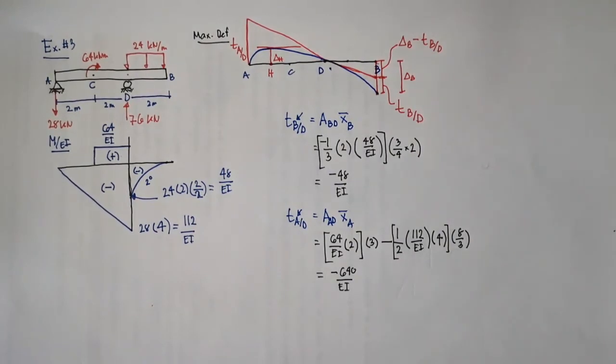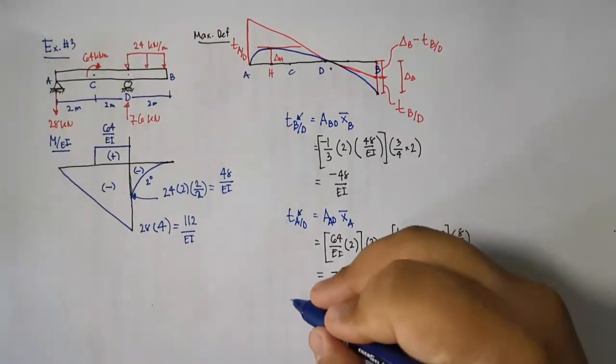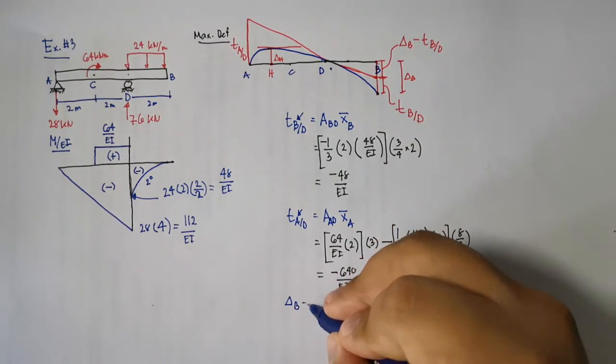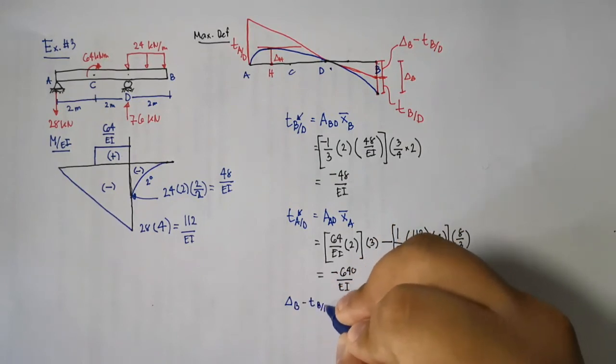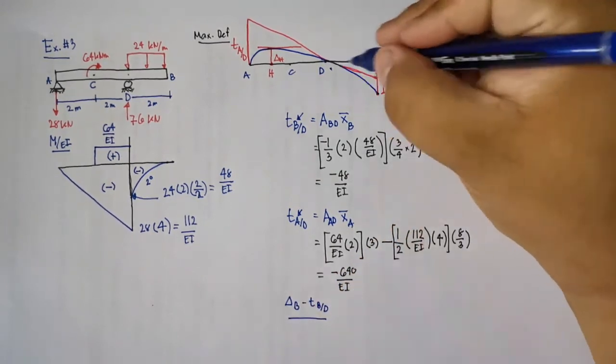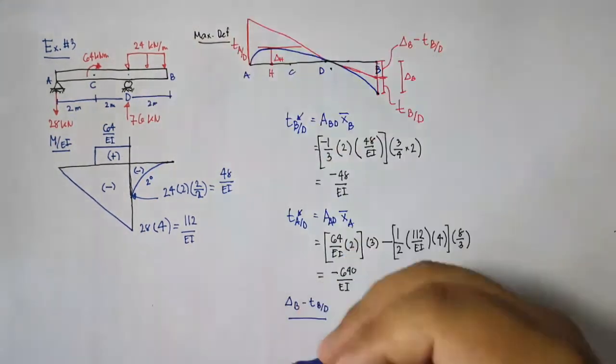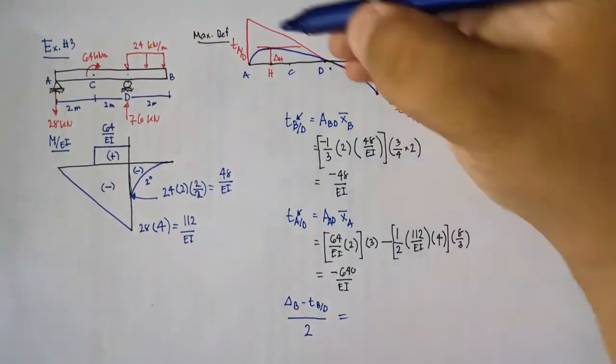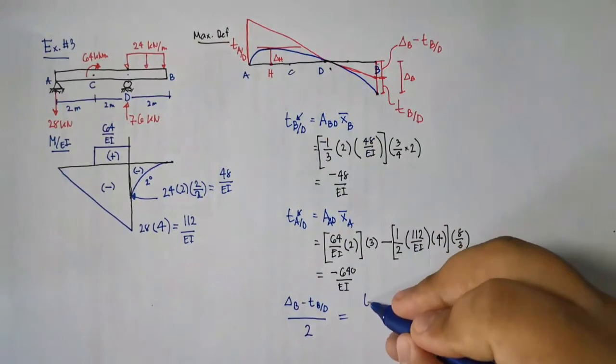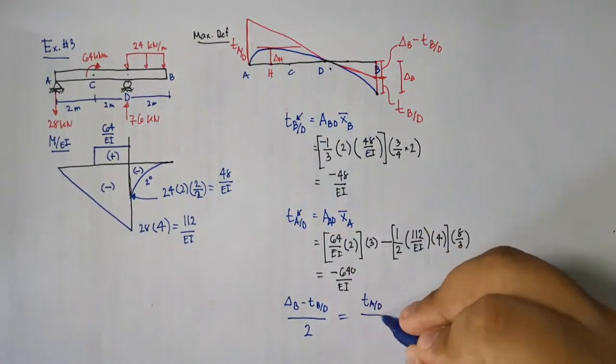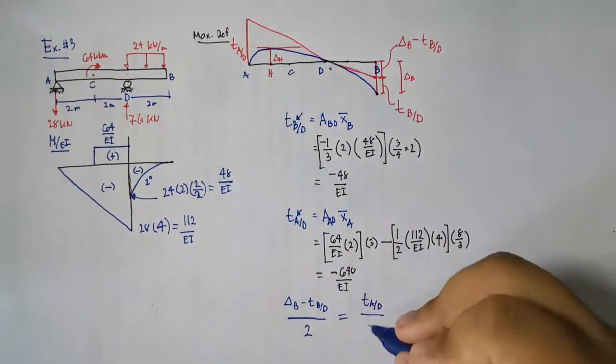Okay? So, the relationship between the two, as I said, is delta B minus TB with respect to D is to this distance, which is 2 meters. So, 2 is to TA with respect to D is to this distance, which is 4.